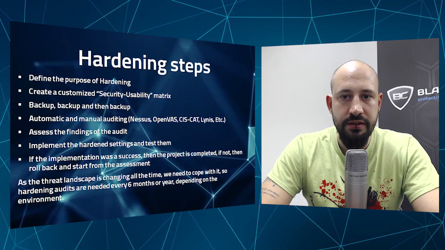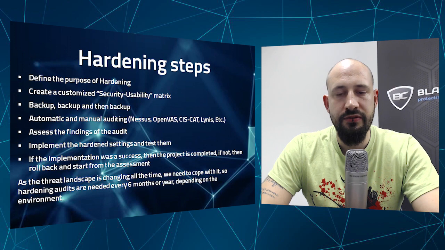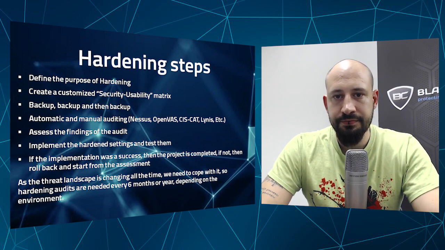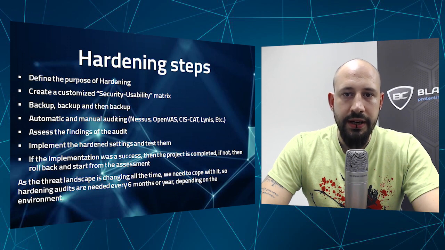After the automatic auditing is completed, then you need to manually validate the findings. And also you have to assess the findings of the audit. You can do it while comparing it to the security usability matrix.